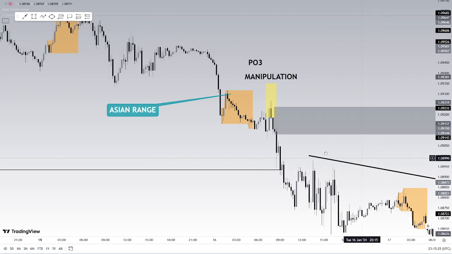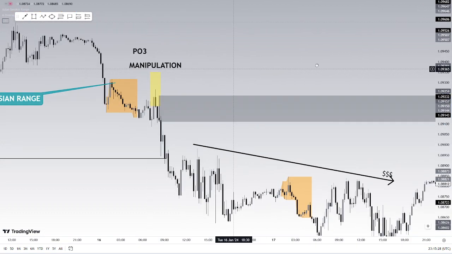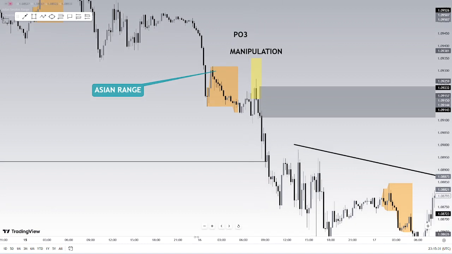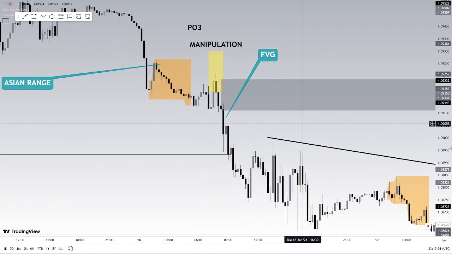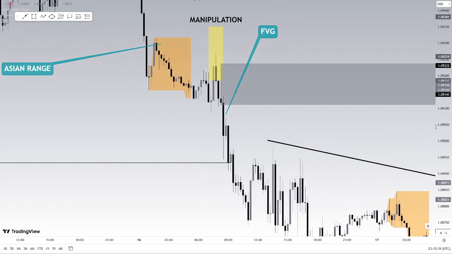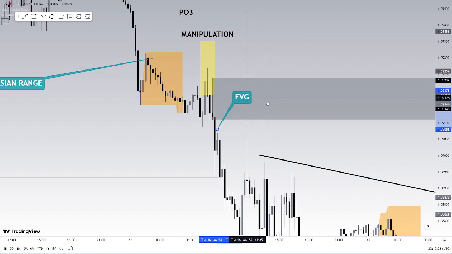Now, with that being said, we see a very clear fair value gap being left, and this is a London ICT fair value gap. Okay, so we see a fair value gap being left here, and we understand a fair value gap is where price has been delivered in an inefficient manner, right? So for price to be fair in this market, we must see a rebalance of that fair value gap at some point. And this is what this trade is based on, right? So the first reason why price would head up higher in the first place is to fill this fair value gap.